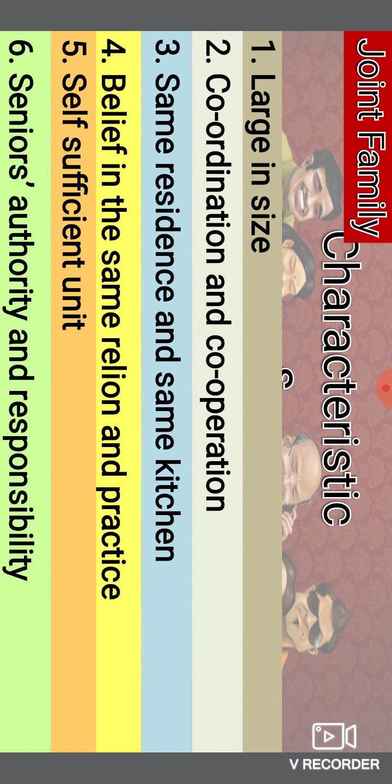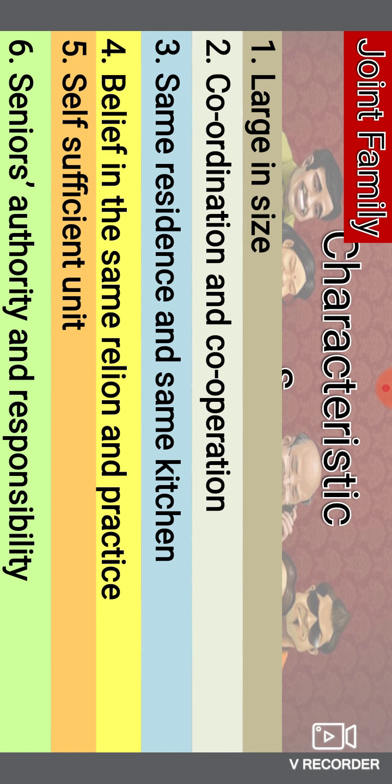All family members live in one particular place, work is equally distributed, and they work together in the same place, celebrate every festival and ritual function, and prepare the food in the same kitchen also.